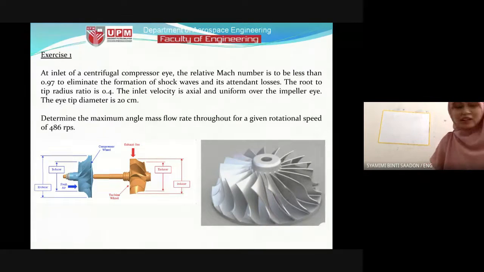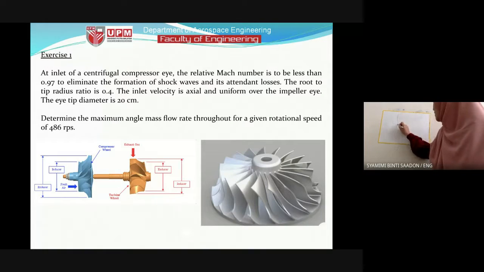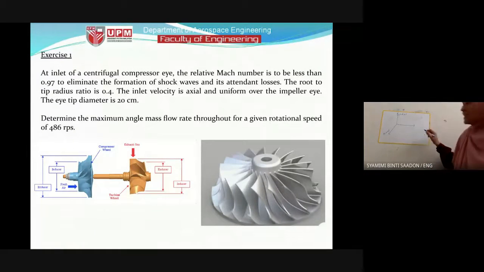For a centrifugal compressor, imagine we have axes like this. This is the axial axis, we have radial, and this one is the tangent.